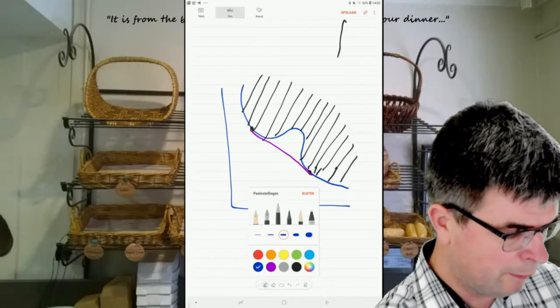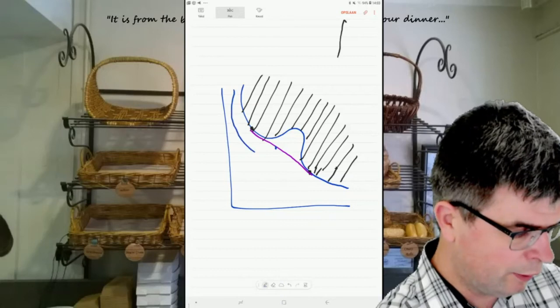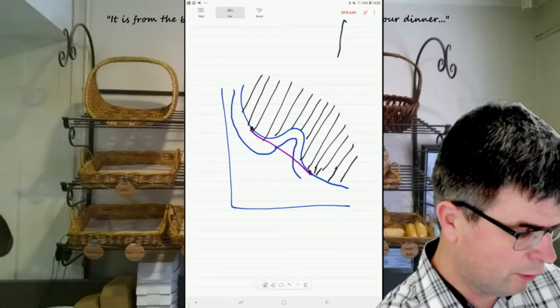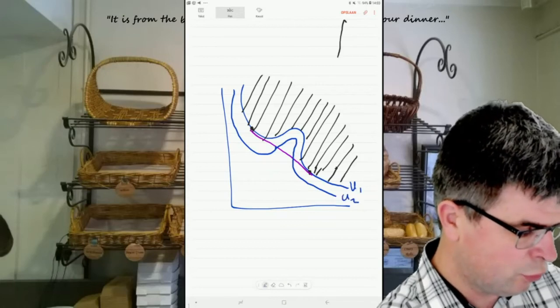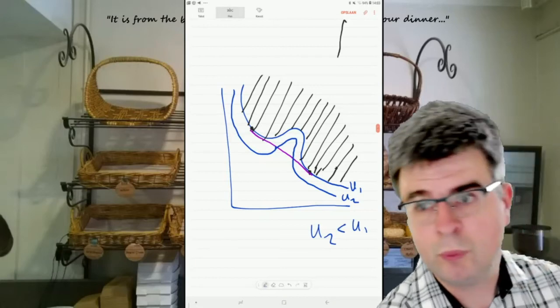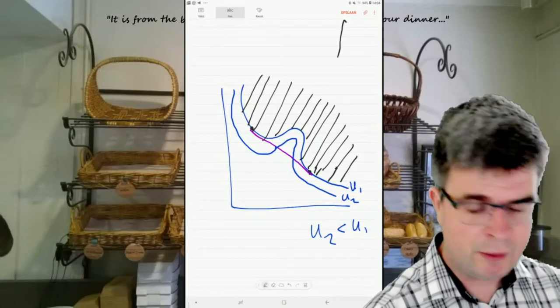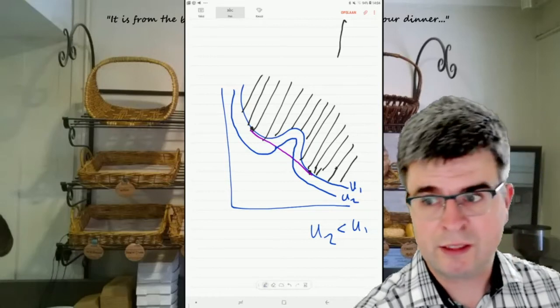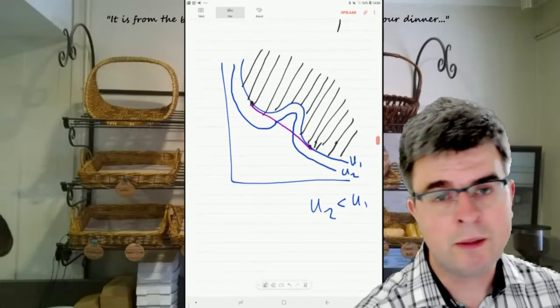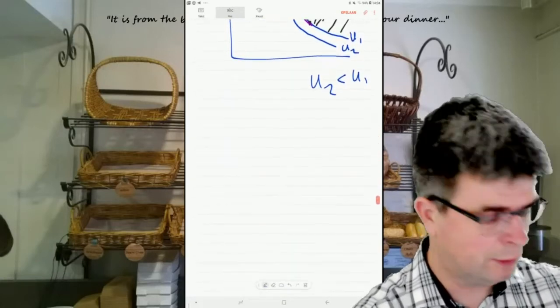Like for example, this point over here will be on an indifference curve that looks as follows, and this U2 is smaller than U1. So this is an example of a non-convex indifference curve, and it's also generated by a utility function that is definitely not quasi-concave.